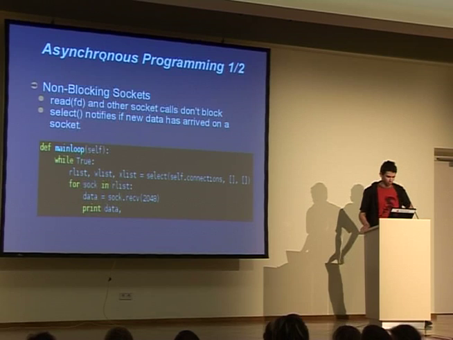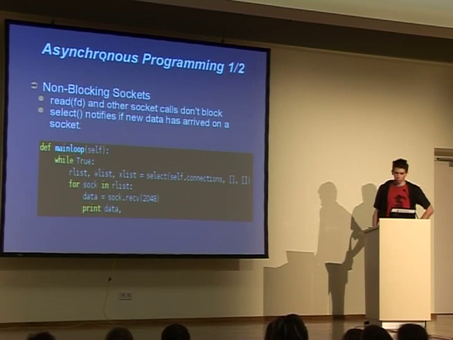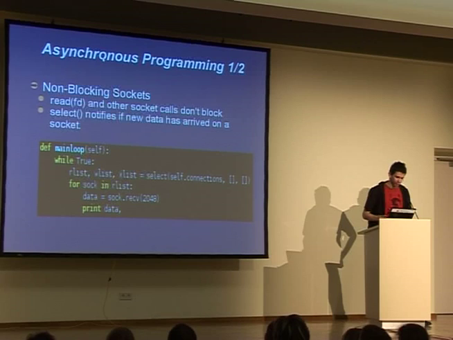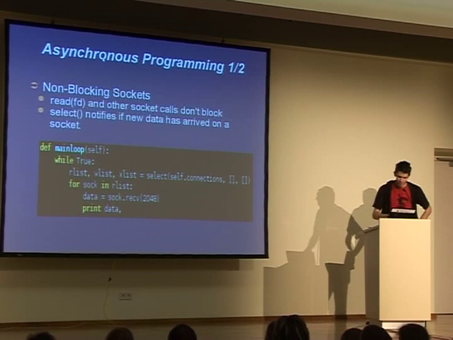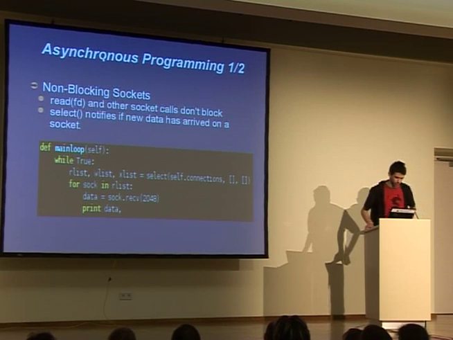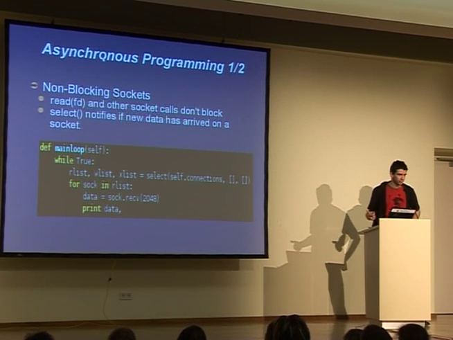So the way it works with select, which is quite representative, is that you tell it, I have these connections in self.connections, and I want to know for reading, and I want a notification when some data has arrived. In this case, I store the read list, the sockets that are available for reading now, and some other lists after calling select. And then for every socket that has received data, I read the data and I print it out.